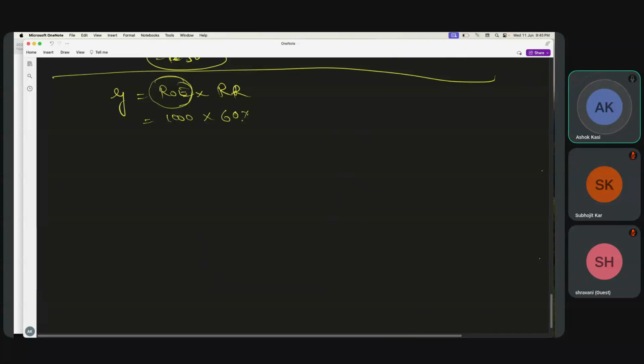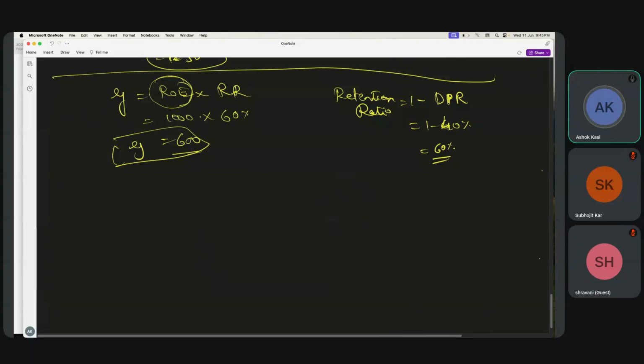Remaining 40 percentage you have paid out as dividend. So retention ratio is equal to 1 minus dividend payout ratio. So 1 minus, let's say 40 percentage, that is equal to 60 percentage you are retaining. So what you are retaining, by that only you are growing.